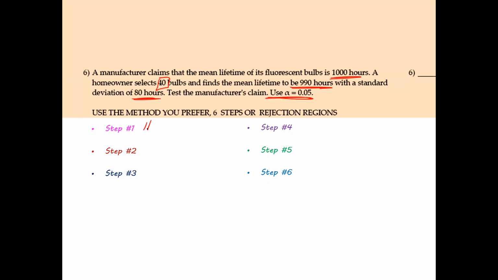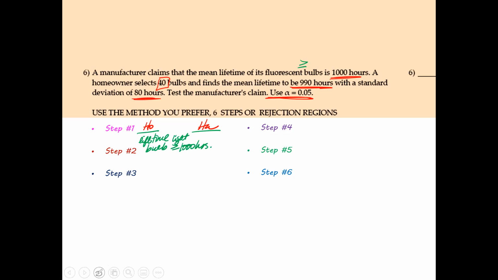So with this slide, you want to label the null hypothesis and the alternative hypothesis. Given the fact that the claim is saying that the lifetime of the fluorescent bulb is 1,000 hours, that means it is going to be at least 1,000 hours. So your null hypothesis is that the lifetime of the light bulb is going to give you at least 1,000 hours of use.